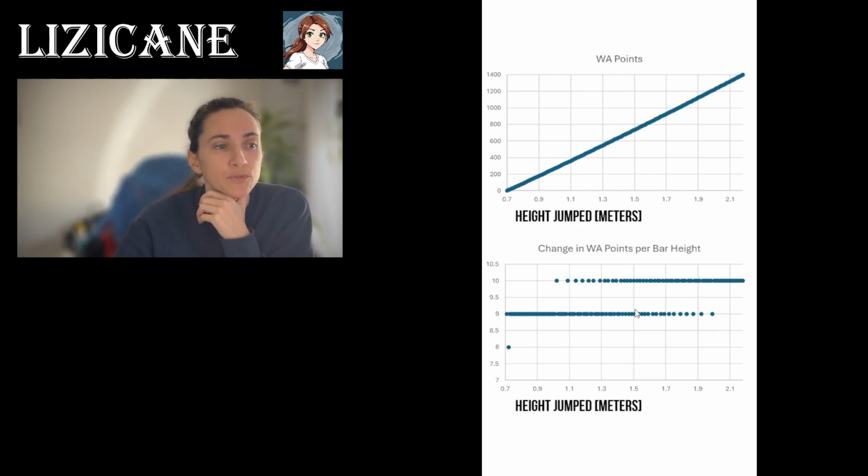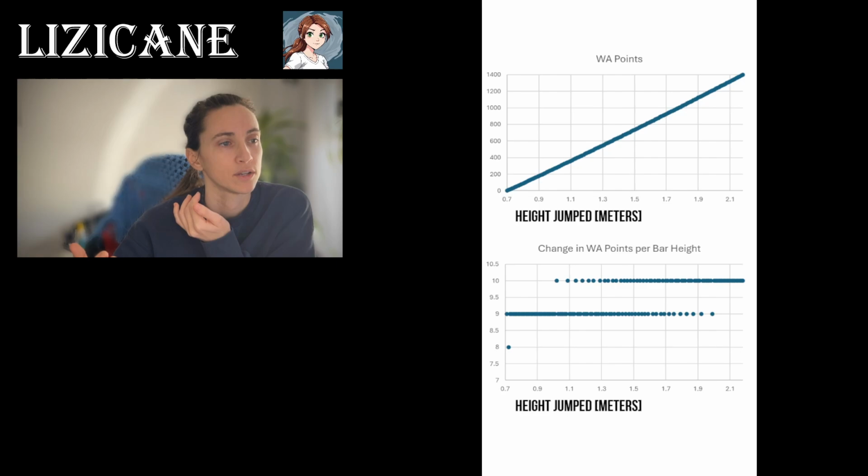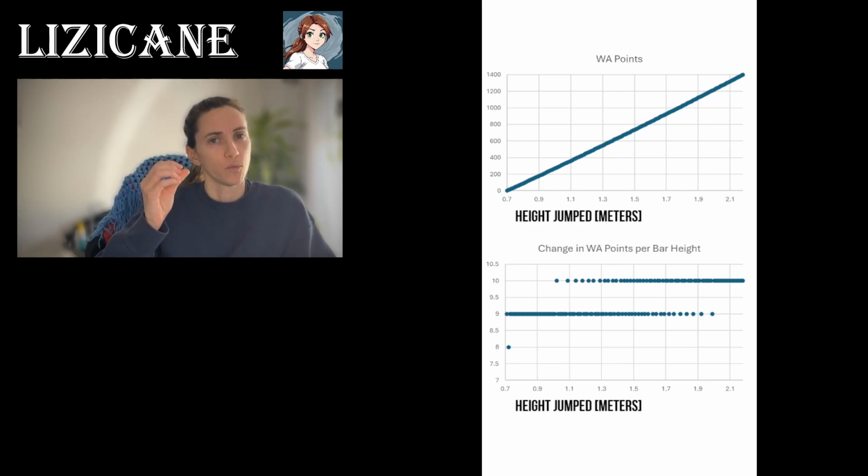So the higher you jump, the more likely you're going to have a slight inflation as far as the points go. It's kind of one way of the rich get richer, right? The higher you go, the more points you get, which I'm not quite sure I completely agree with, but I'll try to give this one more go to explain it.